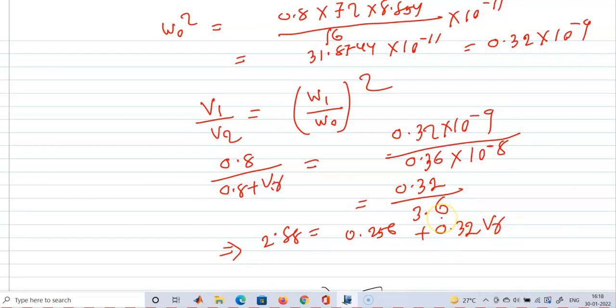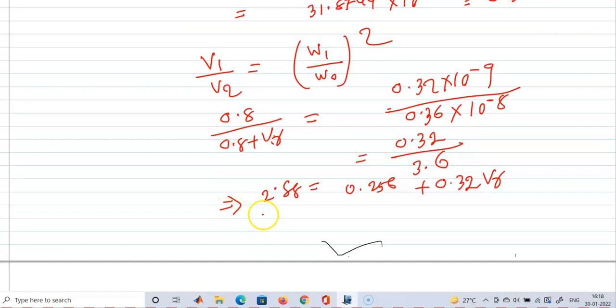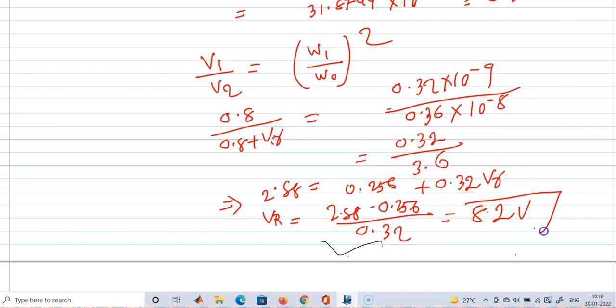So VR will be 2.88 minus 0.256 upon 0.32, and you will get 8.2 volt. This is the reverse bias voltage required to completely deplete one of the regions, that is the N region, of the given device.